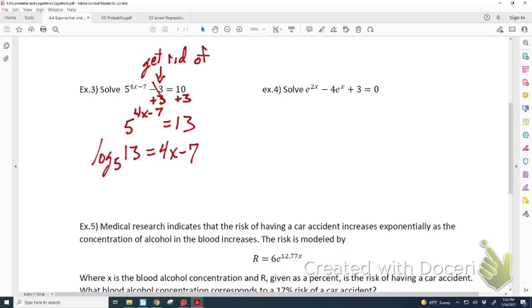See if you can get to the final answer for x. So last step, divide by 4, and you should get 2.15 approximately.